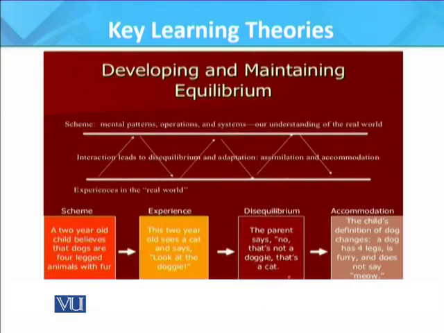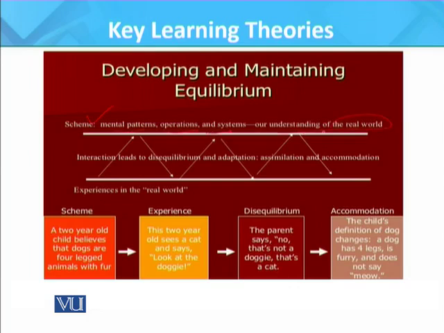Now let's look at developing and maintaining the equilibrium, how we are going to do that. There are 4 stages which need to be understood. If you look at it by scheme, it is the mental pattern, operations, and system, a complete understanding of the real world.